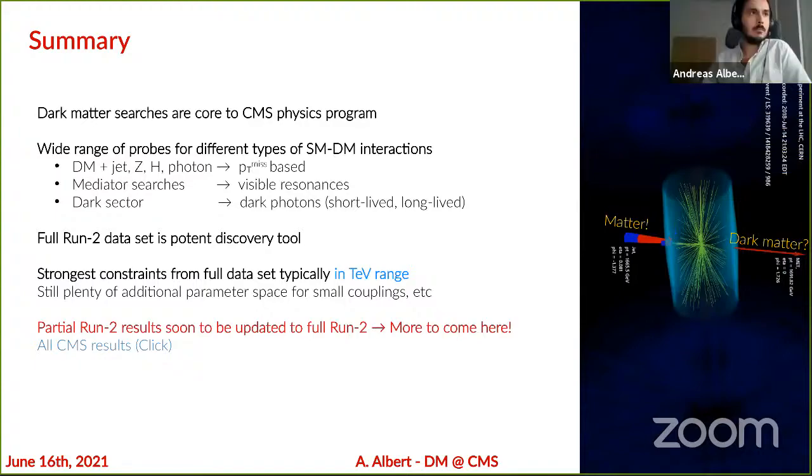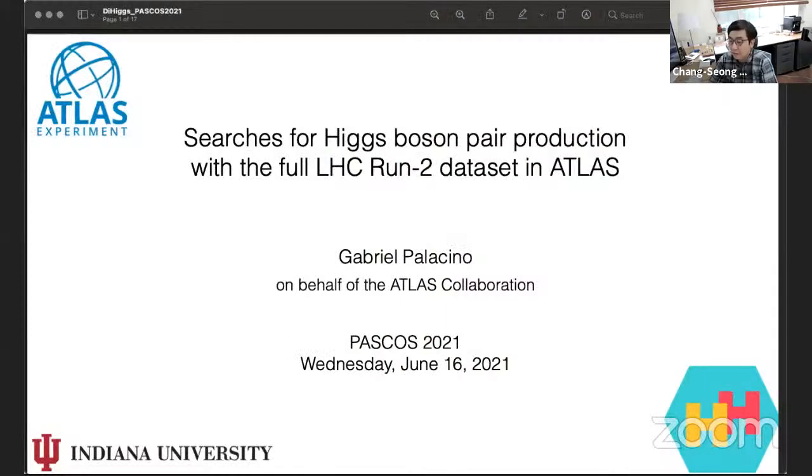So the second talk will be searches for Higgs boson pair production with the full LHC Run 2 dataset in ATLAS, given by Gabriel Palacino. And please start.